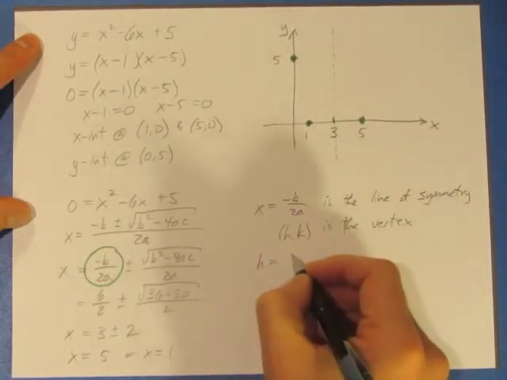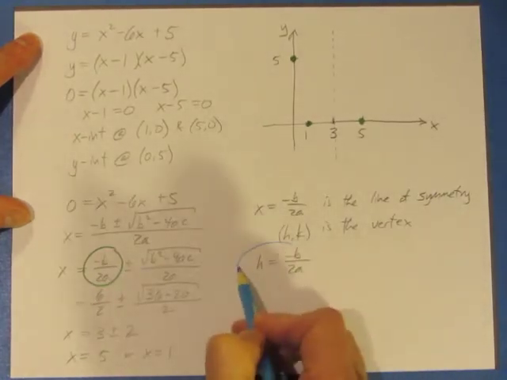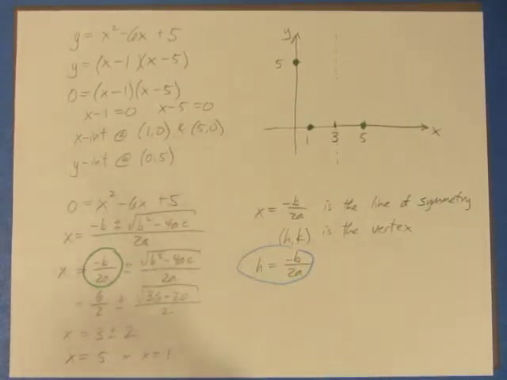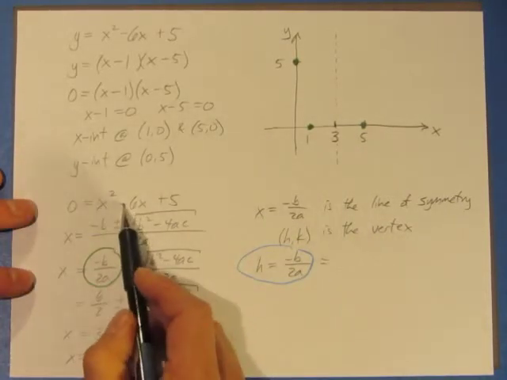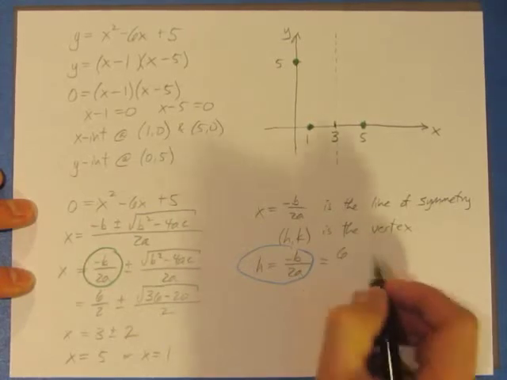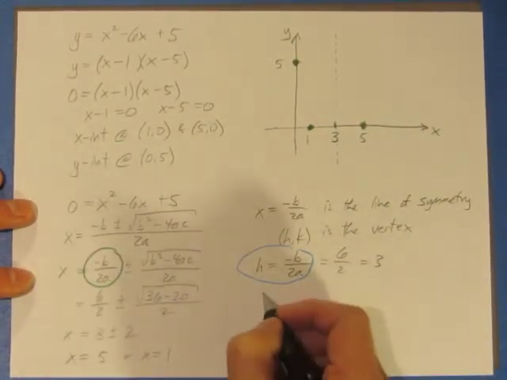So we can say h equals negative b over 2a. Very important to remember that. You want to memorize that if you haven't seen this already. H equals negative b over 2a, which in this case would be negative the opposite of 6 over 2a equals 3.